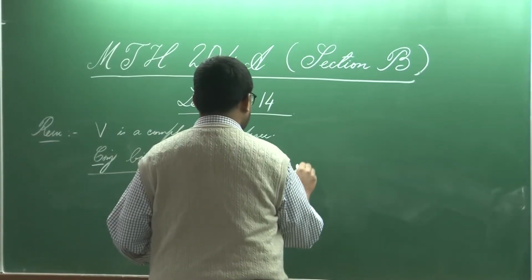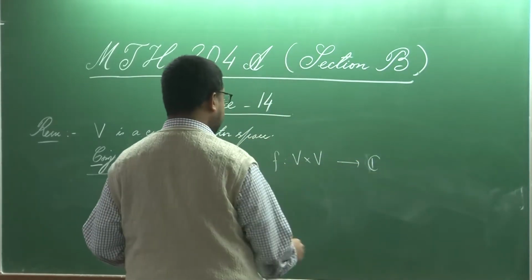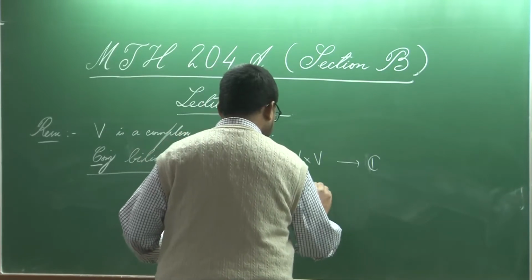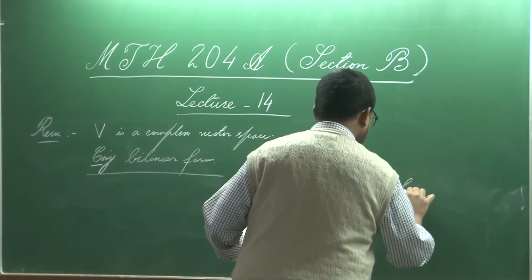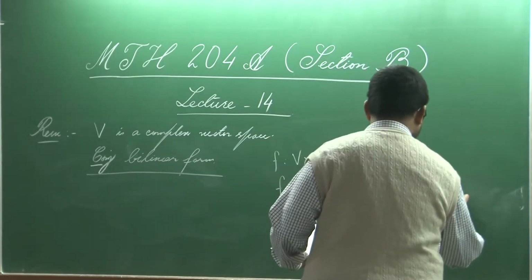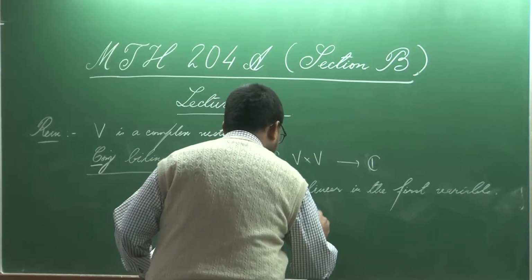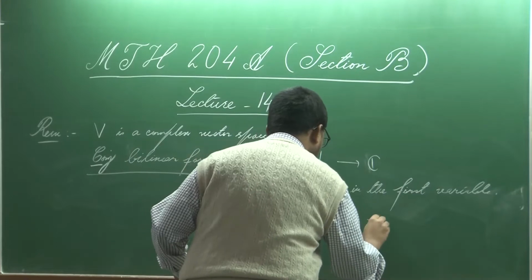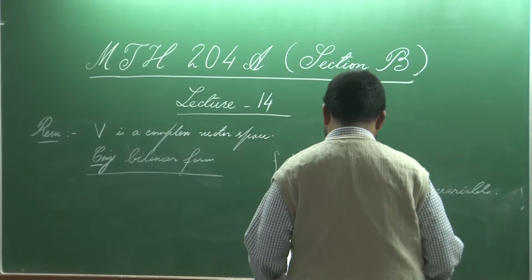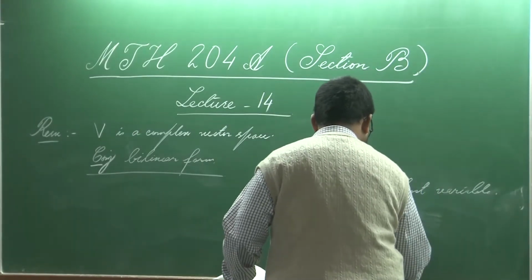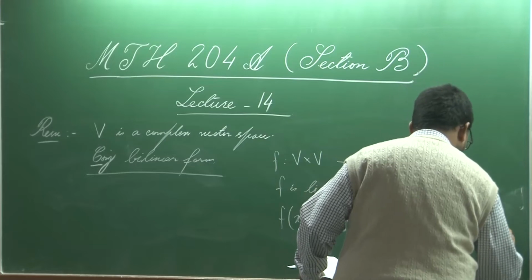By a conjugate bilinear form, I mean a function f that is linear in the first variable, and for the second variable we must have f(x, y1 + lambda y2) equals f(x, y1) plus lambda conjugate f(x, y2).